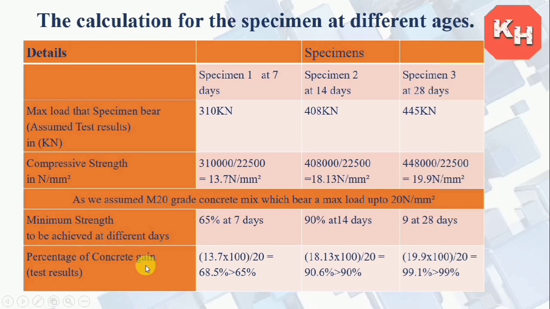Percentage of concrete strength gain from the test result: 13.7 into 100 divided by 20 is equal to 68.5, which is greater than 65% at 7 days. 18.13 into 100 divided by 20 is equal to 90.6, which is greater than 90%. 19.9 into 100 divided by 20 is equal to 99.1, which is greater than 99%.